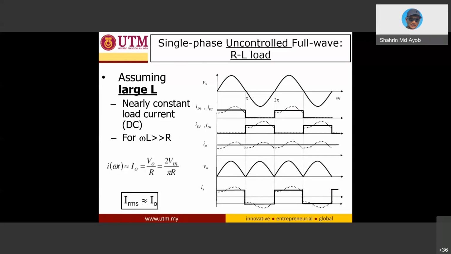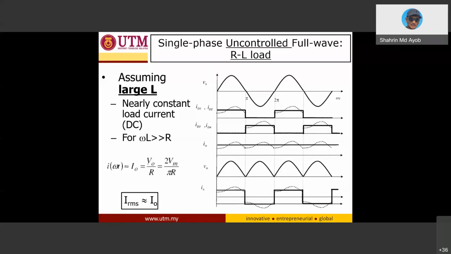If this condition is given, then your calculation becomes very simple. Since this is a DC current, for your I out you can just use this equation, I out average equals 2Vm over pi R. And since this is a DC current, your IRMS is equal to I out average.